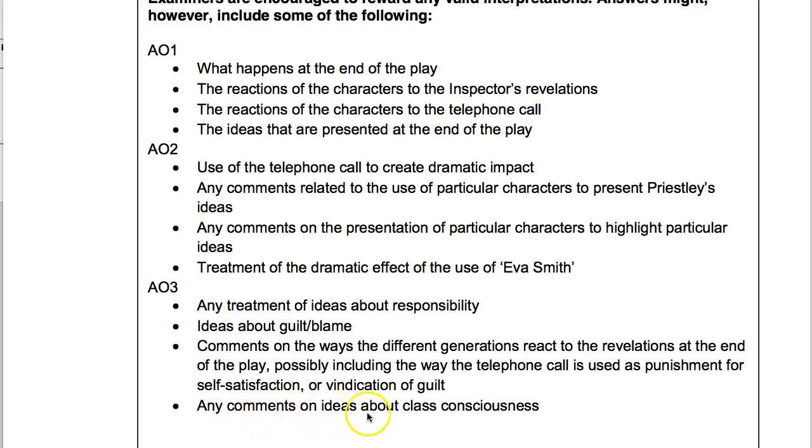And any comments on ideas about class consciousness? Well, class consciousness is another way of exploring the ideas of social responsibility and how the upper classes need to look after the welfare of the working classes. And so what we find is focusing on those key ideas of the playwright is going to get you through every essay. And having that key vocabulary will get you through every essay.